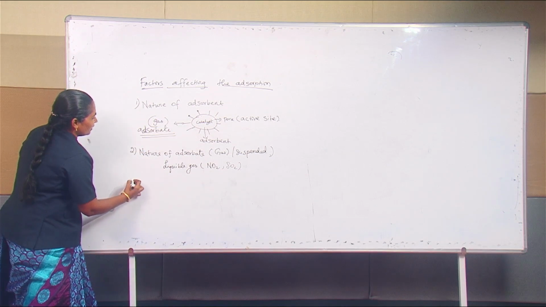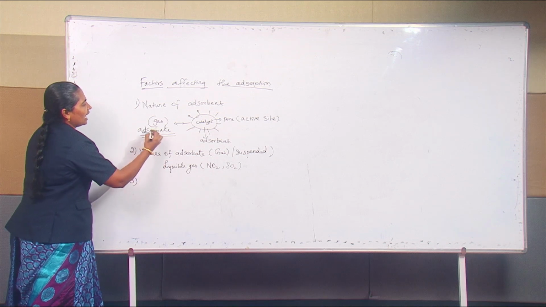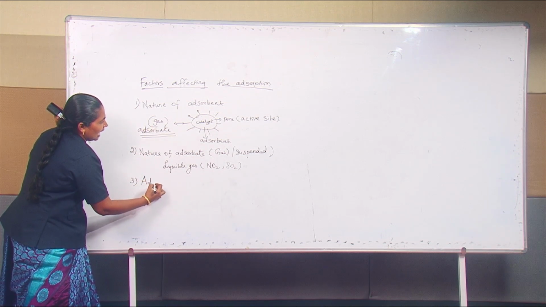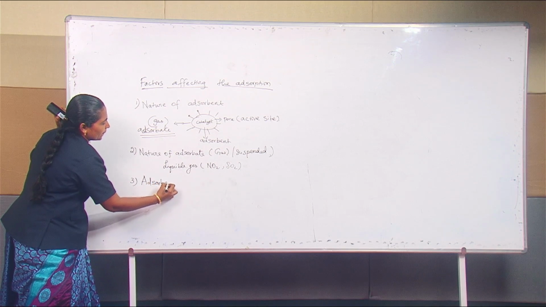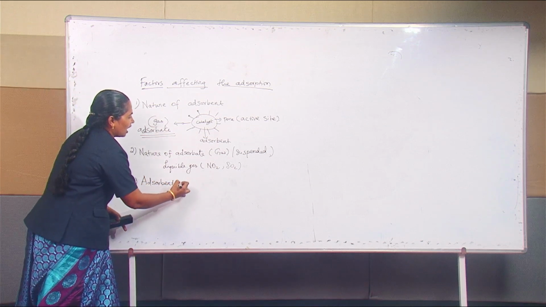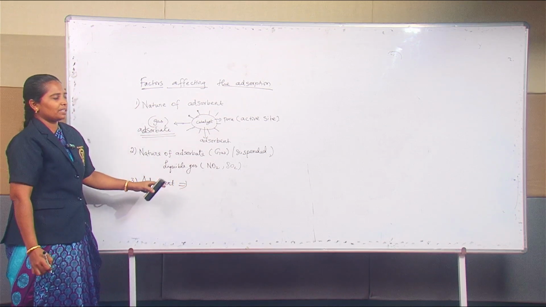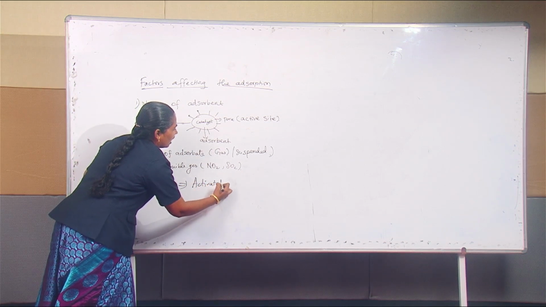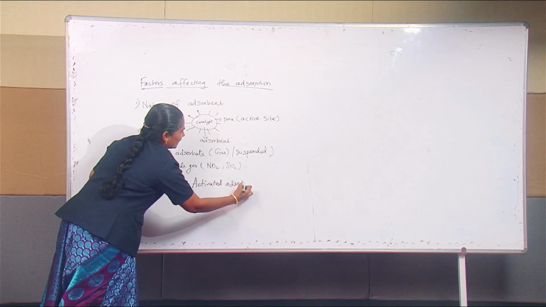Third, we can convert our adsorbent material into an activated adsorbent. Normally we have an adsorbent, which may be one catalyst. Our role is to convert this adsorbent to an activated adsorbent material.